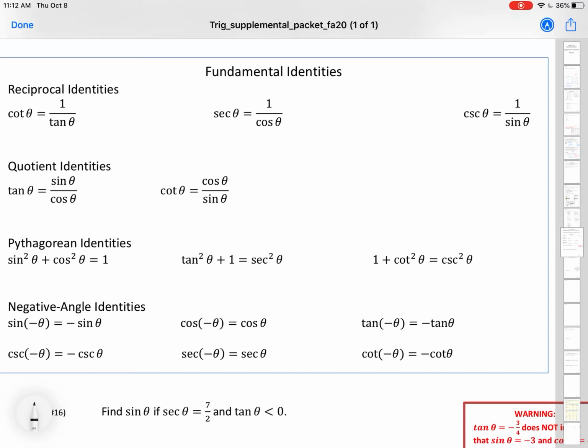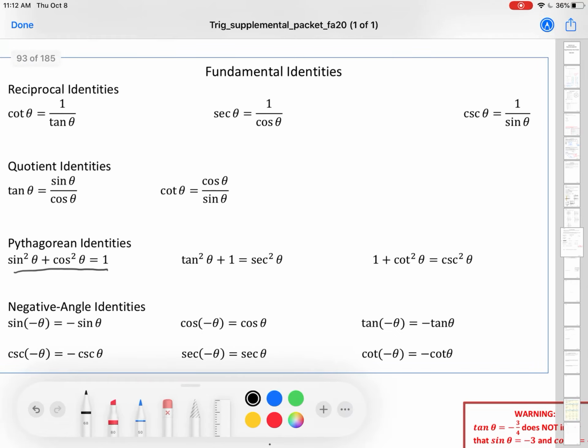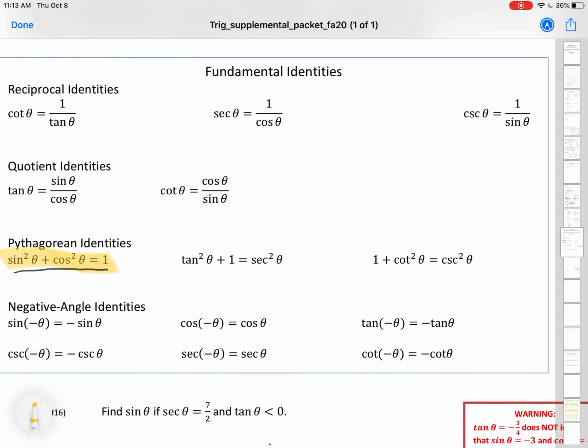And then we have these Pythagorean identities. They shouldn't be shocking to you because you know about the angles. Especially the first one is probably easy to prove. The other ones are consequences of it. Let me highlight this one right here.